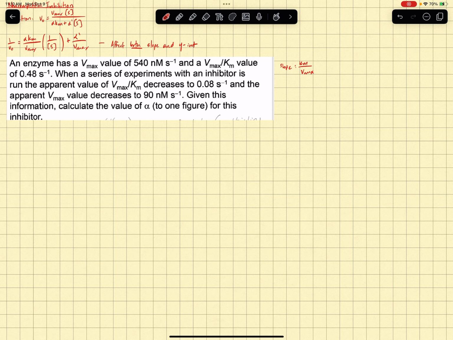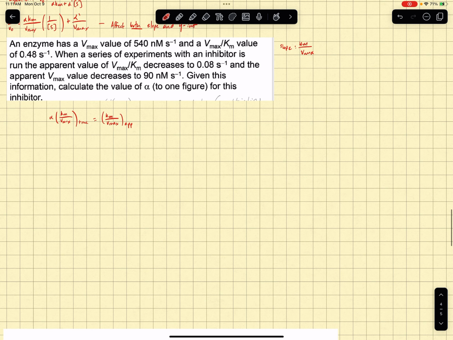And so how this works is the true slope is going to be modified by some factor, alpha, to give you the observed slope. We can write that as alpha times Km over Vmax. This is the true slope. That's going to give us Km over Vmax that we observe, or apparent.